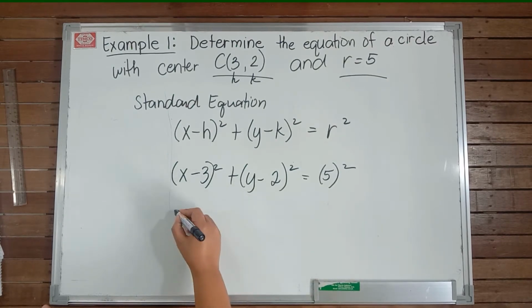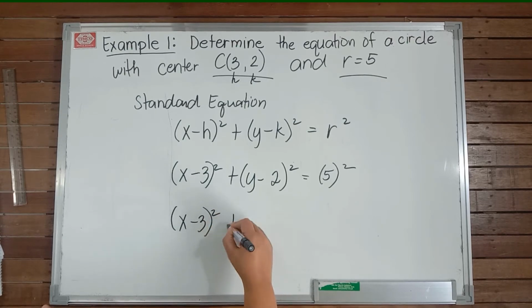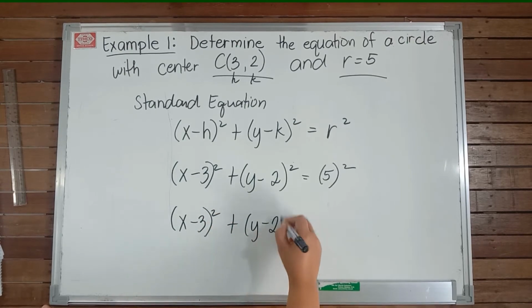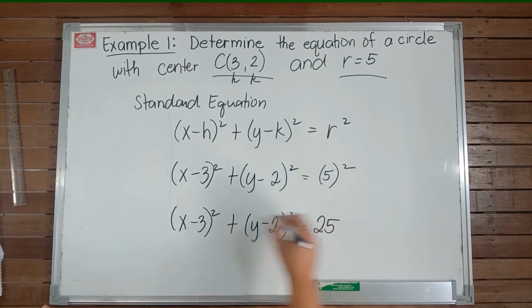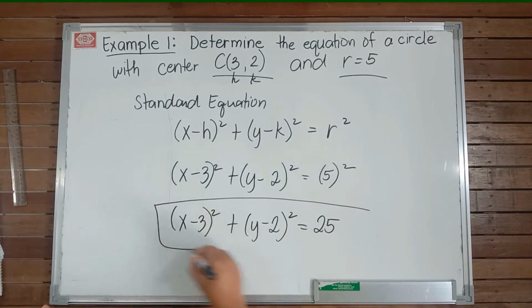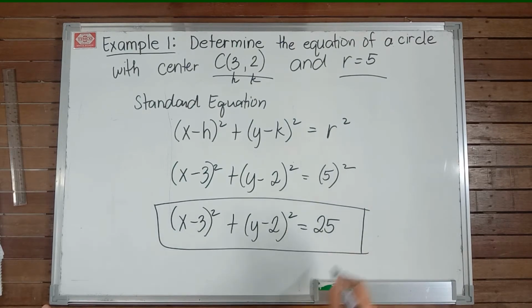So, rewrite the left side, which is x minus 3 squared plus y minus 2 squared, and 5 squared is 25. And that is now our standard equation for center 3, 2.